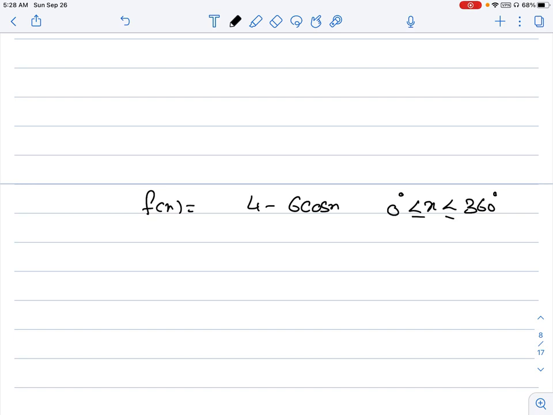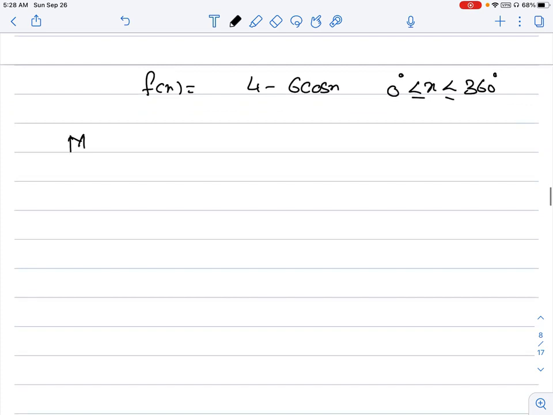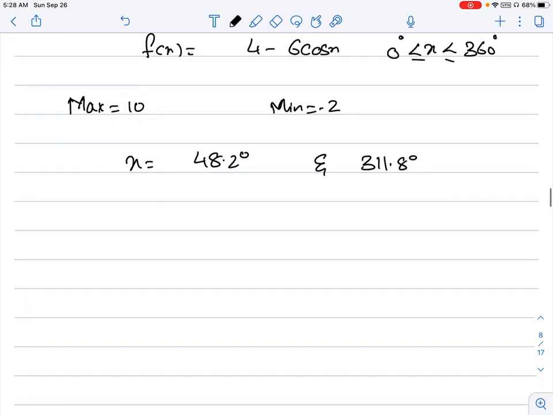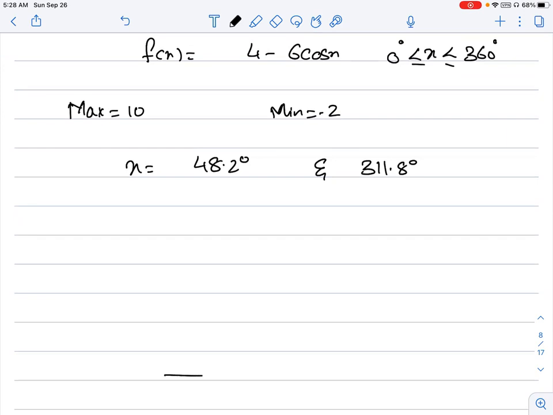We know that the maximum value of this is 10 and the minimum value is minus 2, and the values of x we just got are 48.2 degrees and 311.8 degrees. So these are the things that we need to consider while drawing the graph.